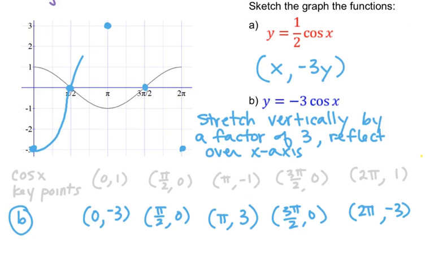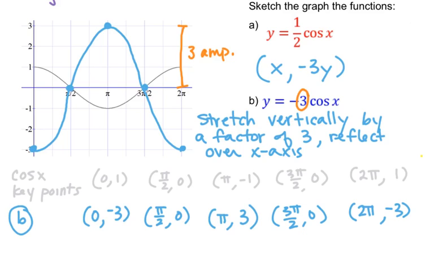So my cosine graph still looks like a cosine, but now it is flipped upside down because we've reflected across the x-axis, and we've also stretched vertically by a factor of 3. So 3 is my amplitude. We have an amplitude of 3 here. It's +3. We don't say a negative amplitude value.